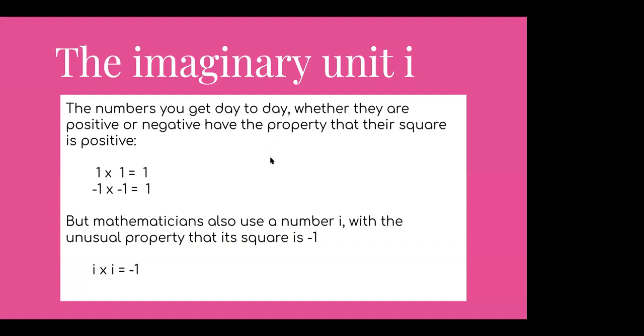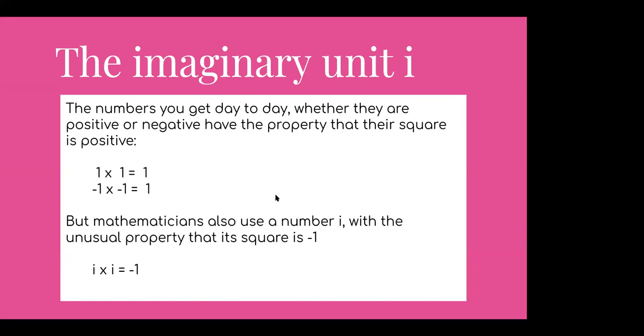We're all familiar with ordinary, what we'll from here on out call real numbers, where if you square a real number, you always get a positive real number back. And that just seems like a truism, like it seems like that really should be inevitable. But mathematicians, being like they are, that didn't stop them.